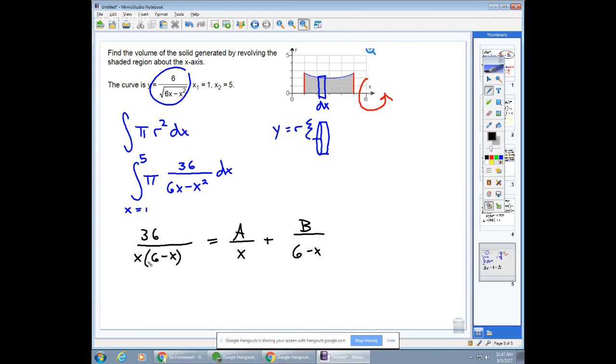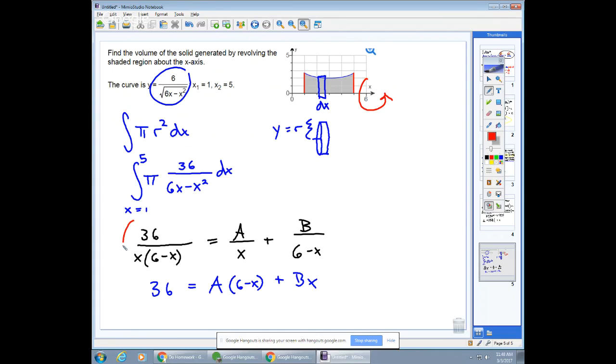Multiplying through by the common denominator, x times 6 minus x, is going to give us 36 equals a times 6 minus x, because the x cancels out, plus b times x, because the 6 minus x will cancel with the denominator, right?